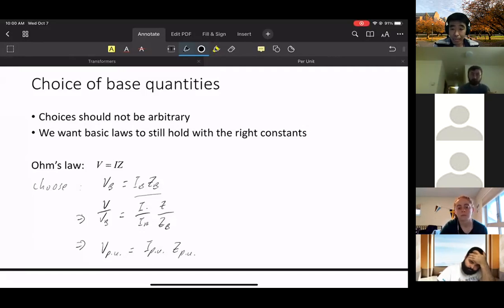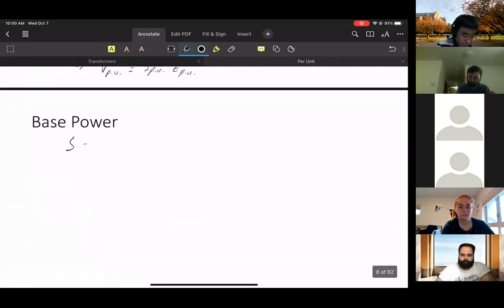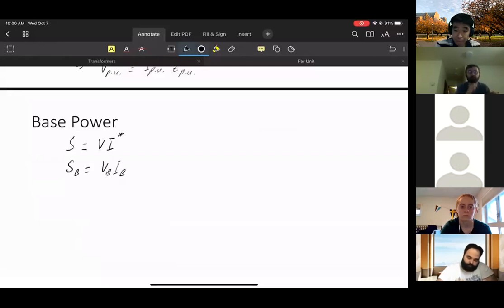All right, so let's do it for power, right? Base power, we have the same idea. The apparent power is V times I star. So when we choose a base unit, since we just talked about magnitude, we have V base and I base. If we choose it this way, together, what they'll give us is a per unit power.